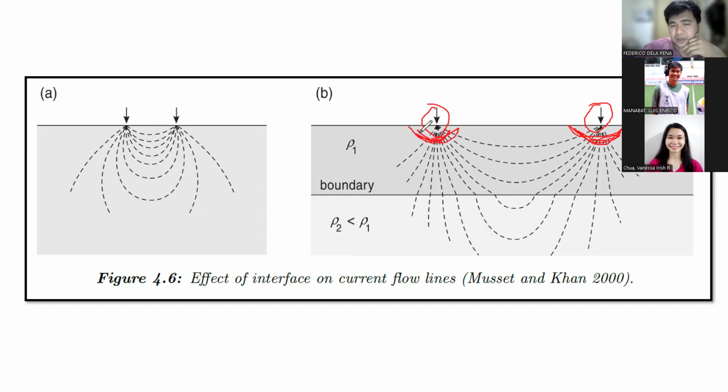If you have inserted your electrodes, for example, on a layer of rubber tires, your current will tend to be insulated within the contacts, and you won't be able to penetrate the subsurface.